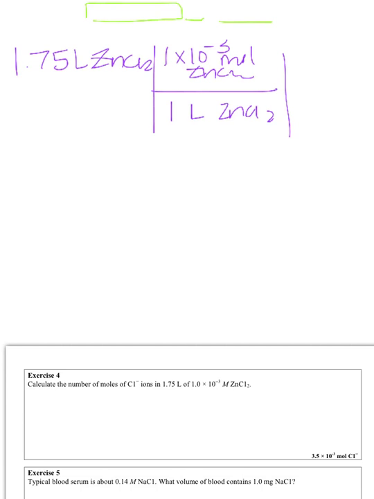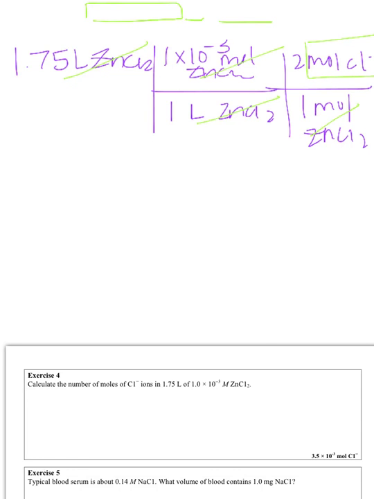And the final step, I have moles of zinc chloride on the top, so I need to have them on the bottom to get rid of them. For every 1 mole of zinc chloride, there are 2 moles of chloride ions. Check your units, make sure everything cancels that needs to. My liters of zinc chloride cancel, my moles of zinc chloride cancel, and I'm left with only moles of chloride ions. Multiply everything across the top, divide by everything you see on the bottom.